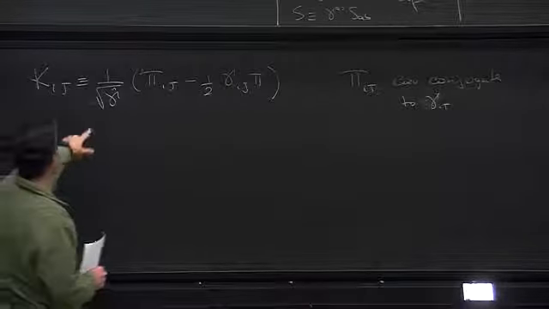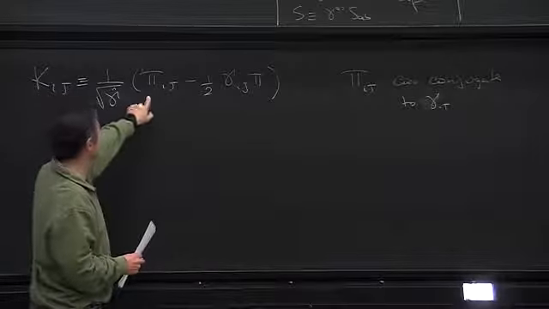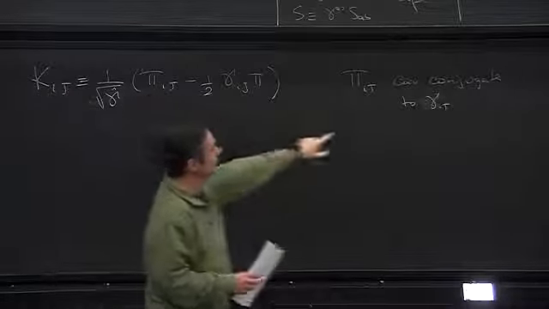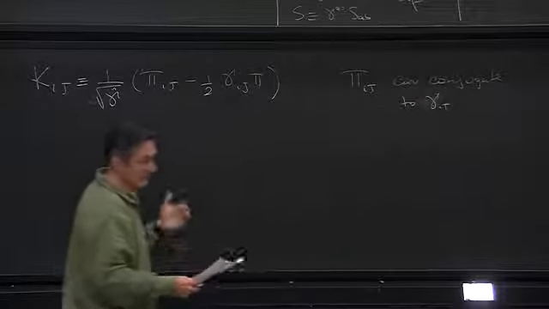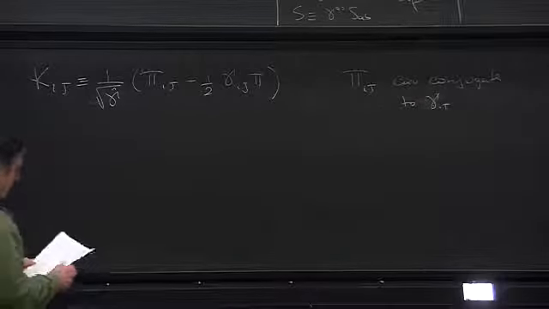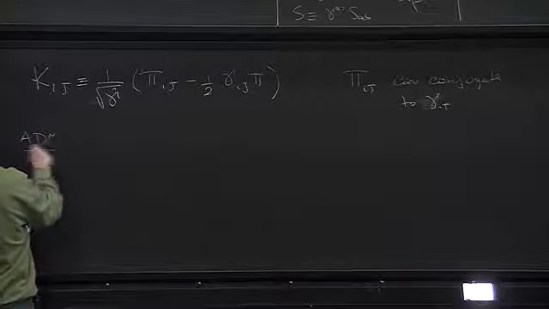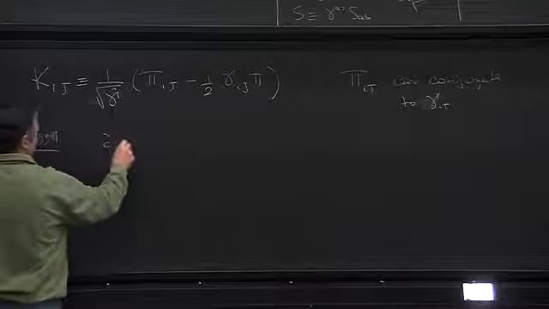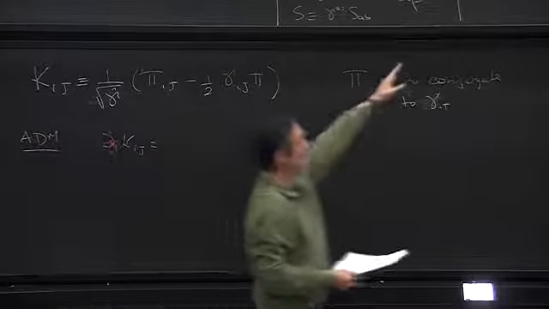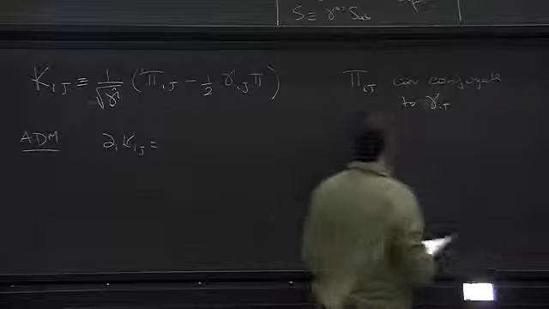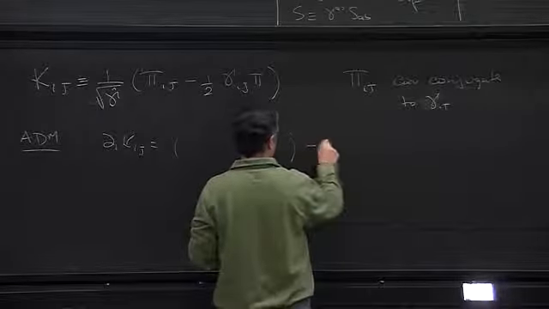So if you rewrite the extrinsic curvature in terms of pi, and you replace in here, you derive an equation of motion for pi that way, and the equations of motion are almost the same, except that the ADM would want us to have another term. We want to have an equation that says dt of kappa ij, from this equation, equal to exactly what we have, except for an extra term.